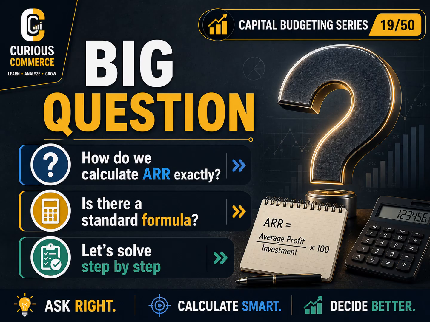Questions like which profit should we use? Should we use cash flow or accounting profit? Which investment value should we take? Why do some answers differ? In today's session, we are going to solve all these doubts step by step in a very simple way.